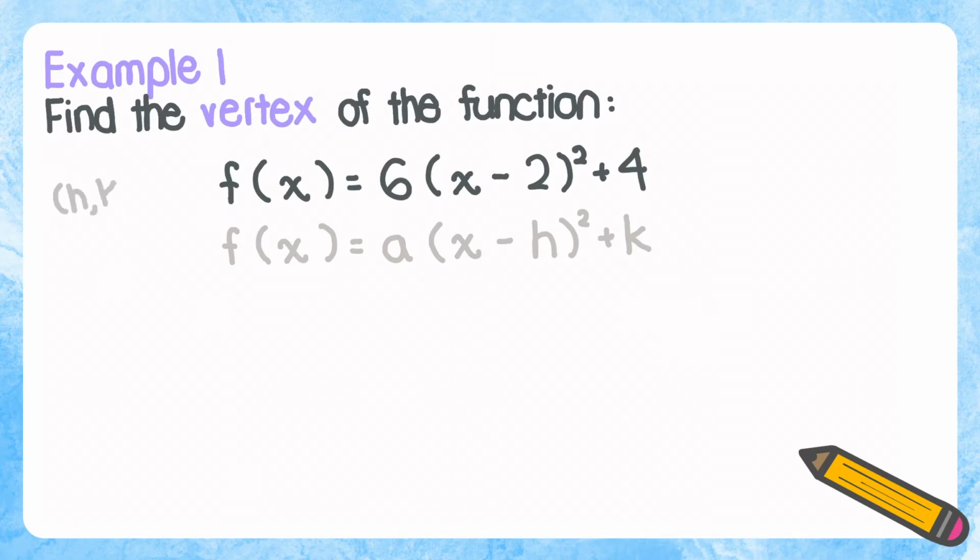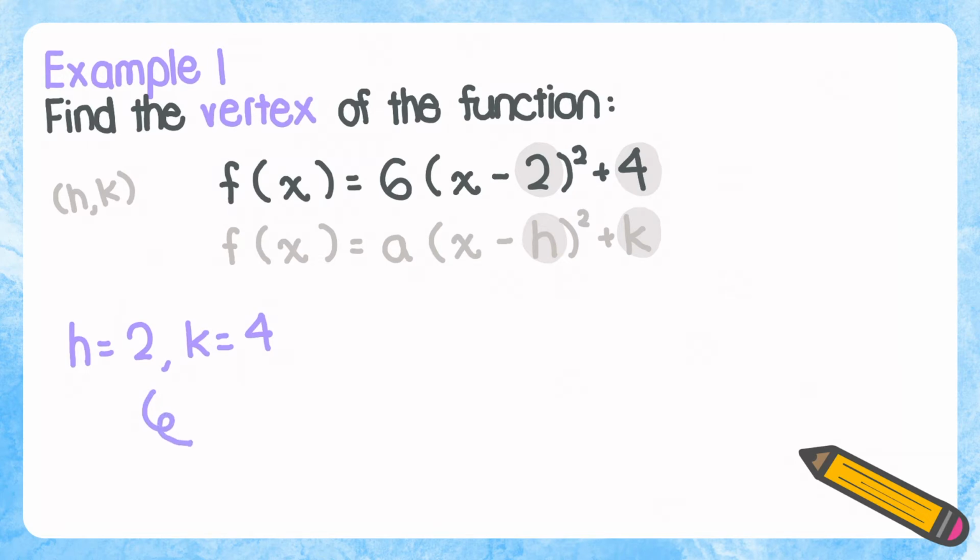And to find the vertex, we need h and k. So h is replaced by 2 and k is replaced by 4. h equals 2 and k equals 4.